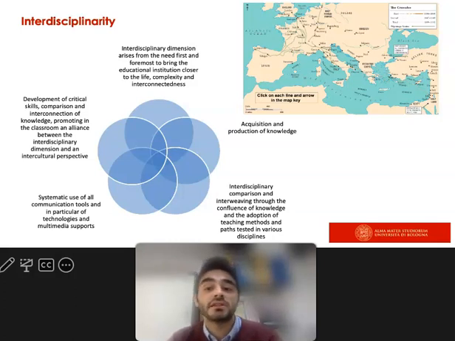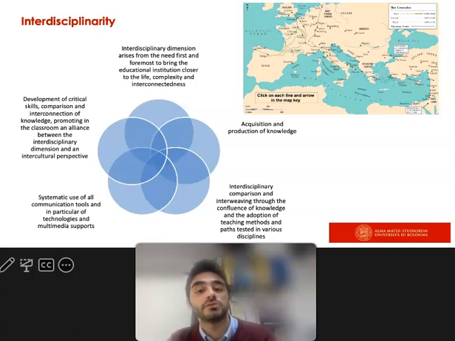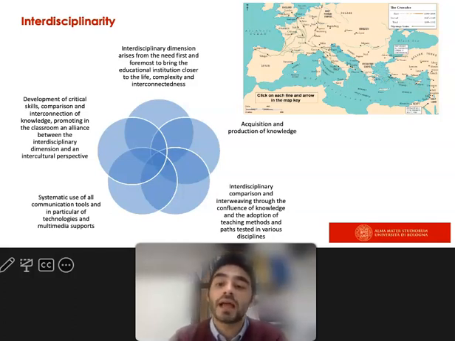In this perspective, it becomes an opportunity for the acquisition and production of knowledge. It demands an interdisciplinary comparison and interweaving through the confluence of knowledge and the adoption of teaching methods and paths tested in various disciplines. It implies a systematic use of all communication tools and in particular of technologies and multimedia supports.